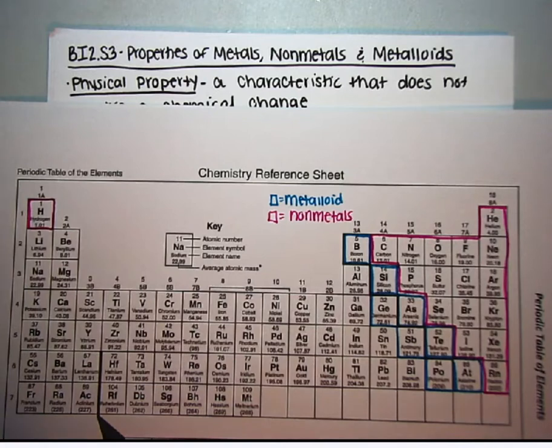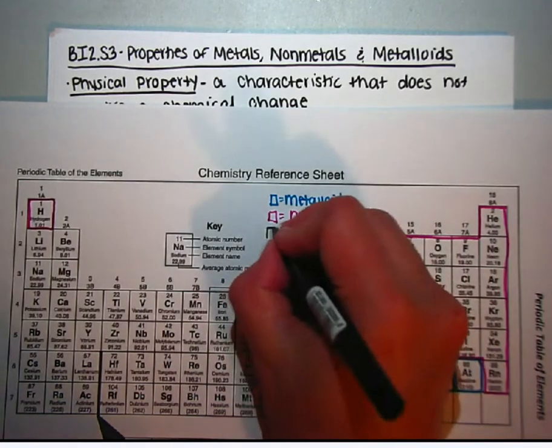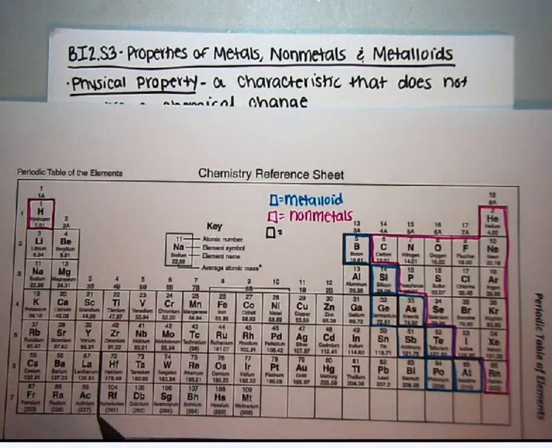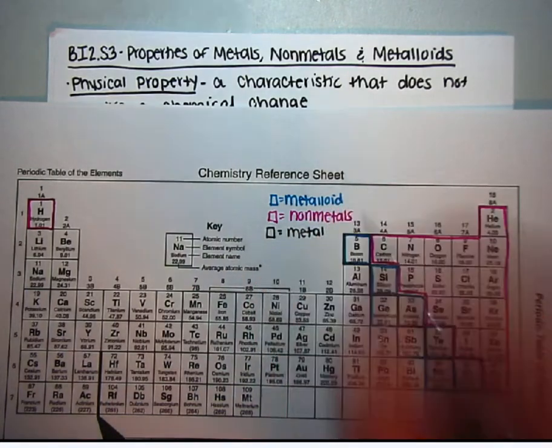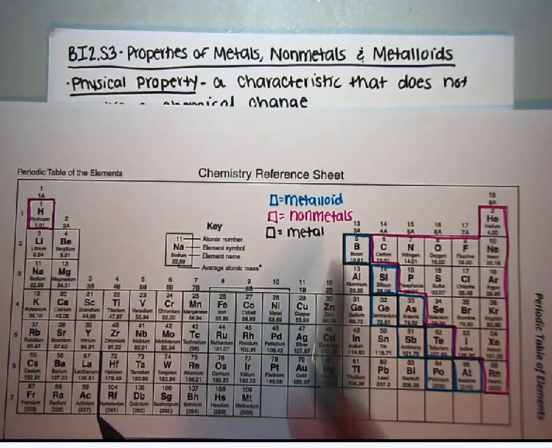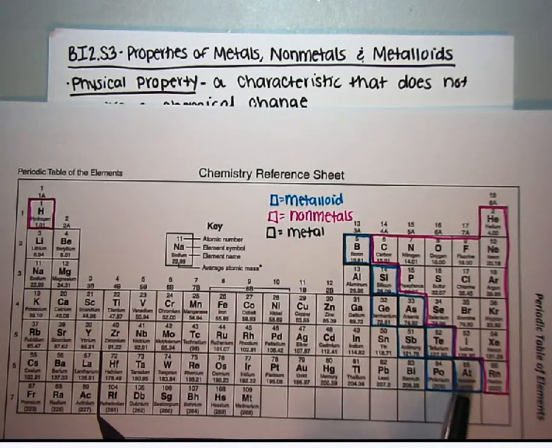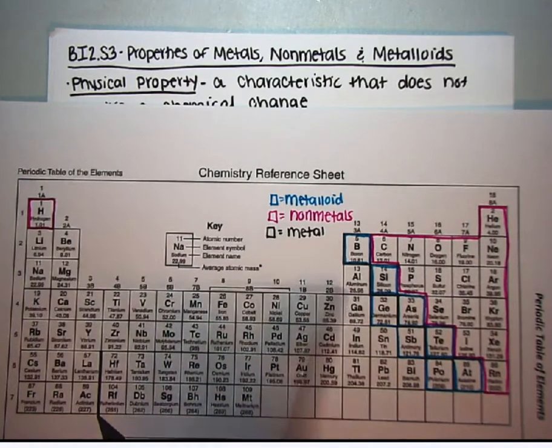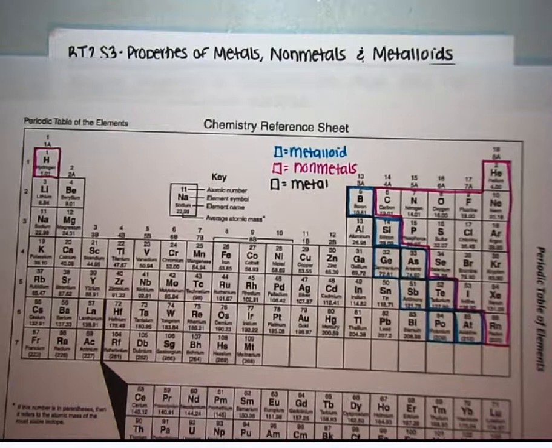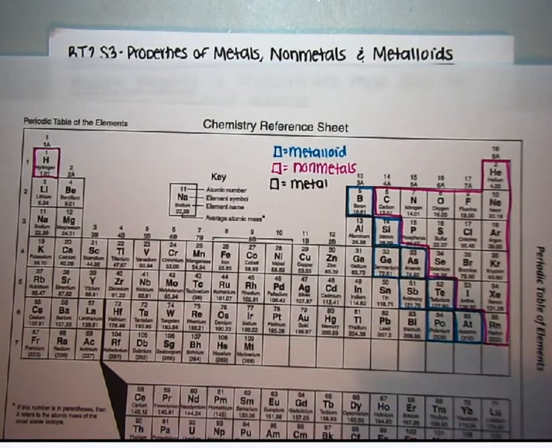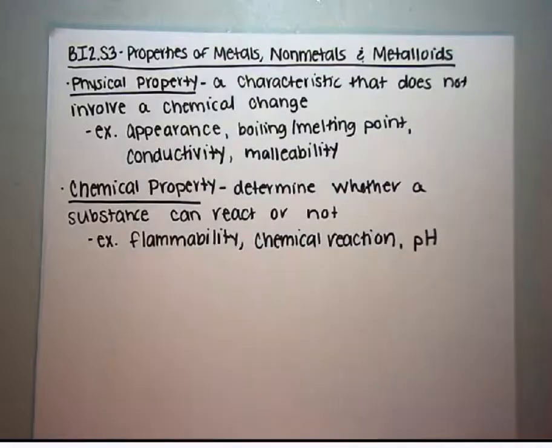Everything else on the periodic table, everything that I just left with the black border, represents a metal. So metalloids run down the staircase. Nonmetals are to the right of the staircase plus hydrogen. Everything else on the periodic table, including all these elements down here, are metals. So let's go through our properties.